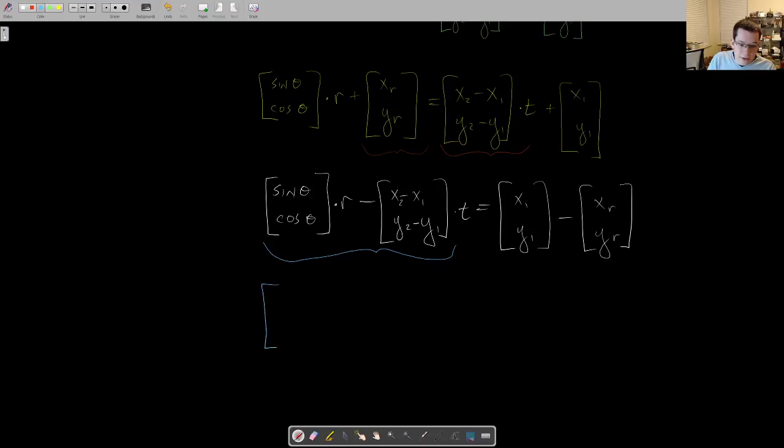So then we'll have, remember this is equivalent, sine theta, cosine theta, and this will be x2 minus x1, y2 minus y1, and this is going to be times vector r and negative t. I think I've written that correctly.